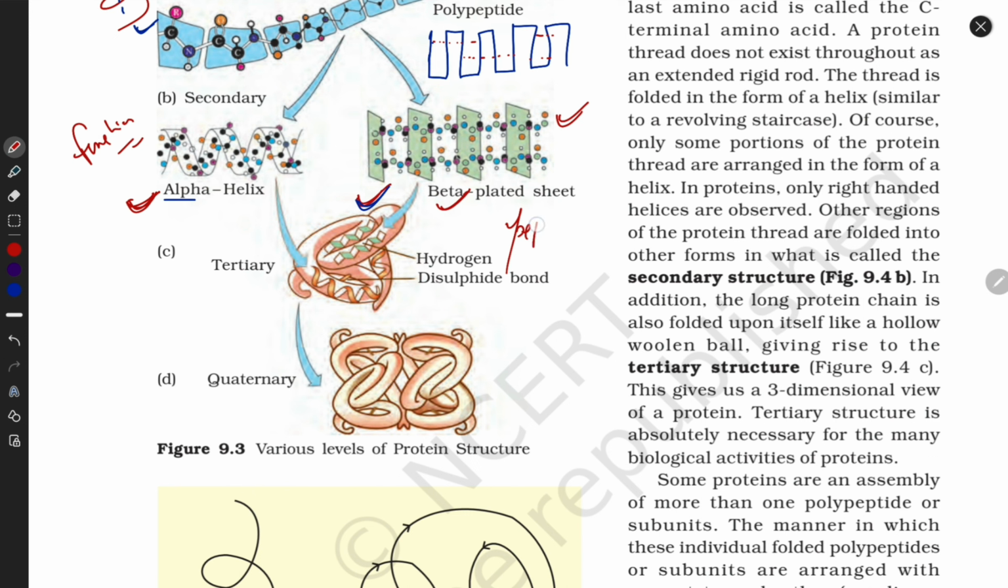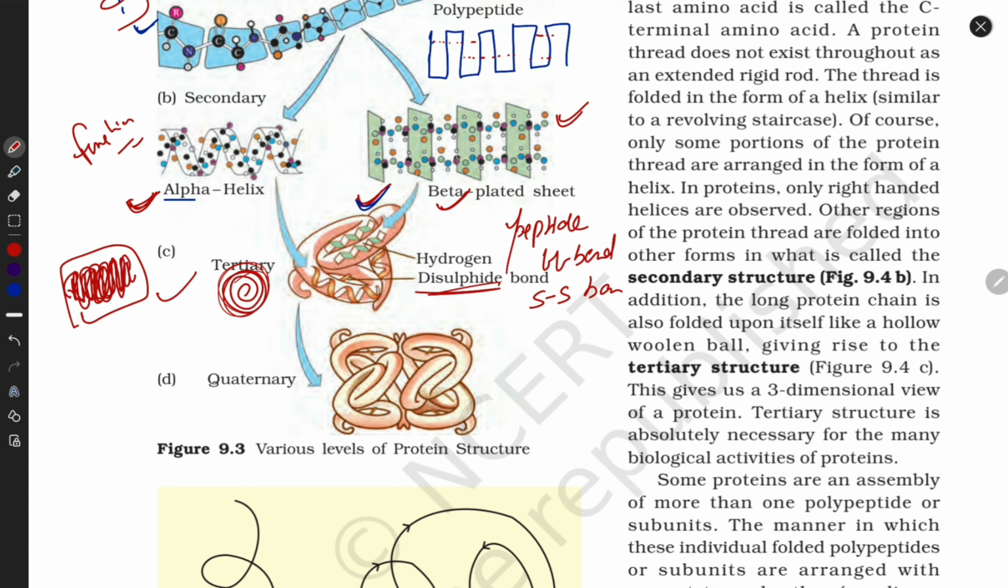They contain peptide bonding, they make hydrogen bonding, and they also make disulfide bonding, and the supercoil. This is a more active form, guys. They overlap.